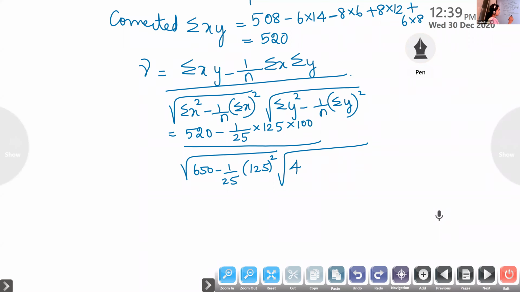What is sigma y square? Corrected value is 436 minus 1 by 25 into 100 the whole square.